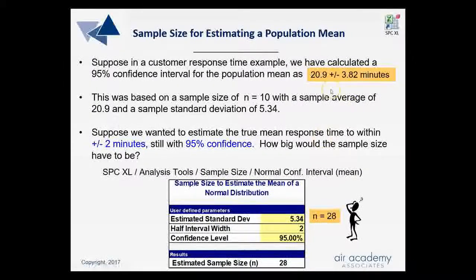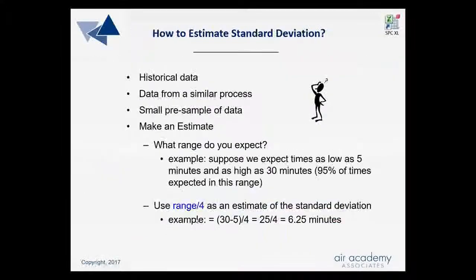Now, in this example, we got that from a pre-sample. But the key is, where do we get this value right here? There are several places where you can go to get that data. Historical data is one place. Go to some similar process that you have data from before, calculate the standard deviation, and you might be able to use that. Another option is a small pre-sample of data like we did here with a small sample of 10.